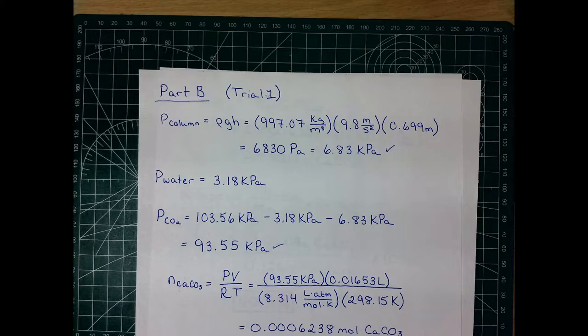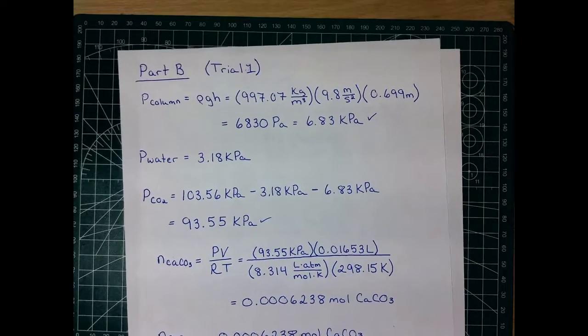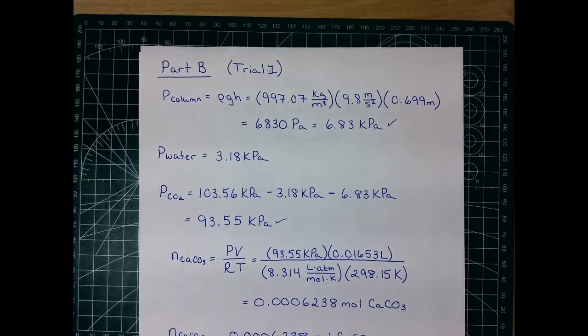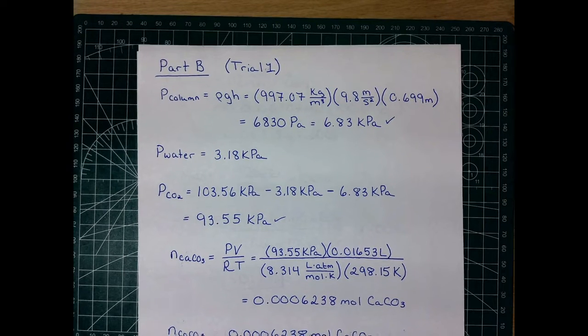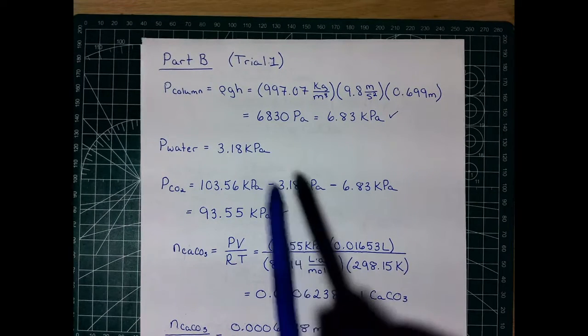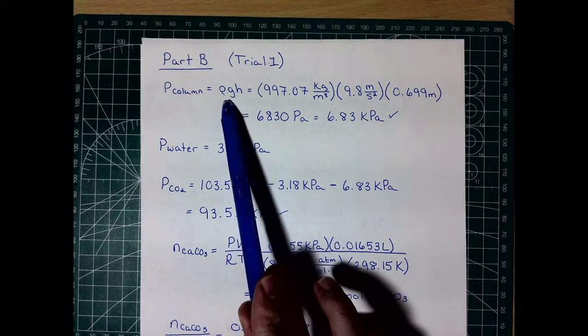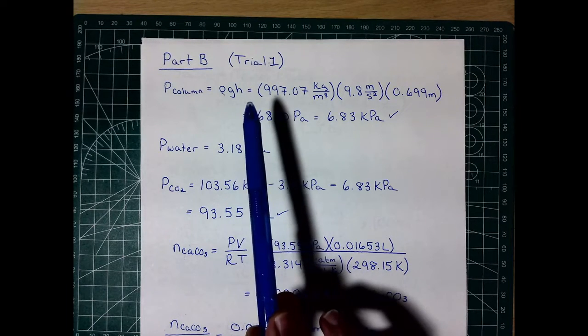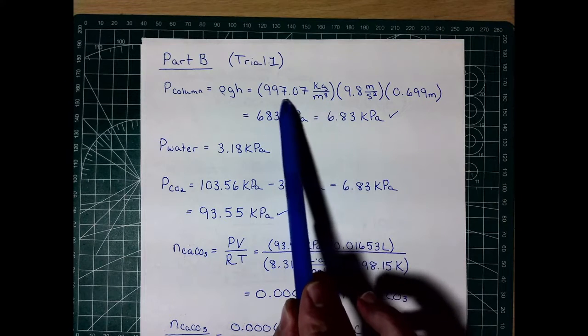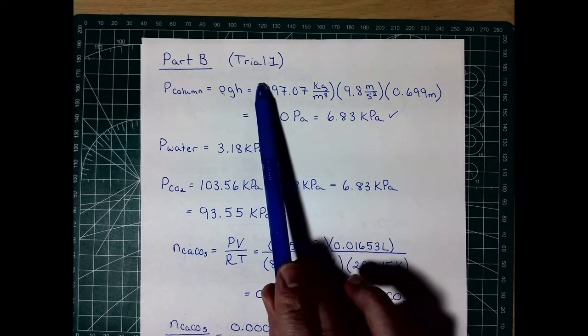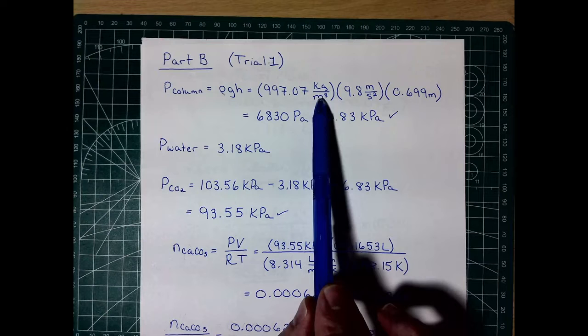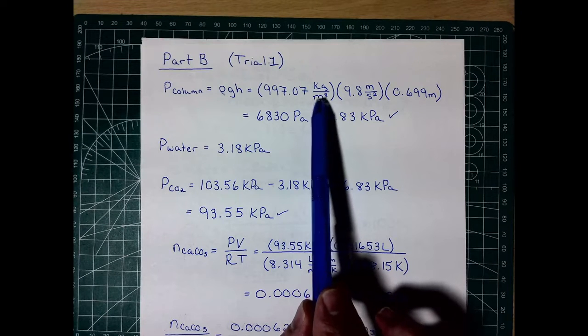In part B, we start off very much like we did in part A. We're going to calculate the pressure of the column, density times gravity times the height. Now, I have the same density as I used before, but this is only because of a coincidence, okay?